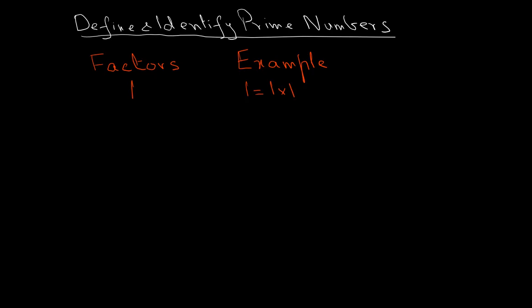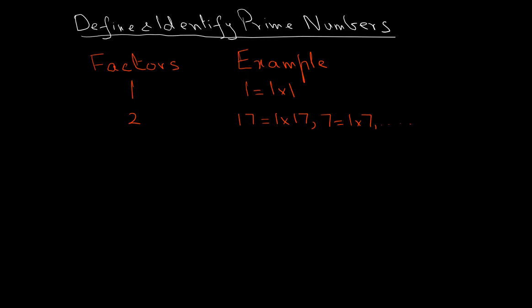Then you had numbers which have exactly two factors. So you had numbers like 17, which up to changing the order can be written as 1 times 17 or 17 times 1, or numbers like 7, which can be written as 1 times 7. Such numbers only have two factors.